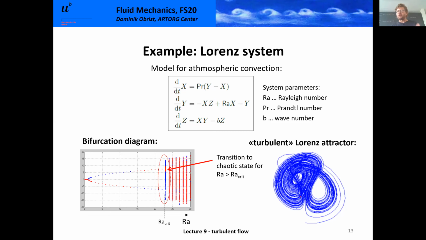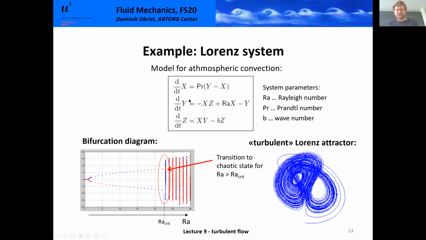The variables are now x, y, z, but originally when Lorenz developed that, I think one was temperature, one was velocity, and the third one was, I don't know, pressure. So we had multiple variables, which we now call x, y, z. Just consider this to be an abstract system of variables, something like a simplified model of what Navier-Stokes could.